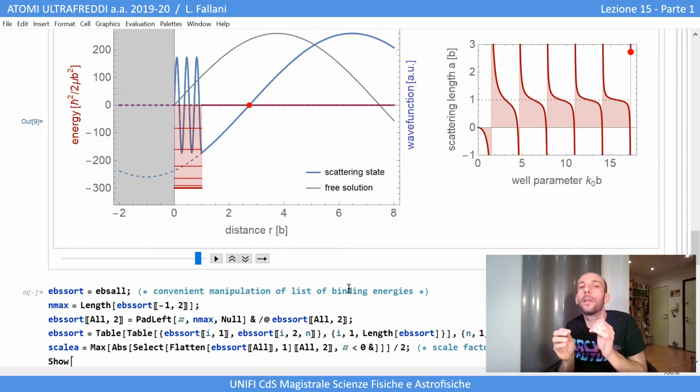That is something that is new, and I think you have not studied in other courses, that has the name of Feshbach resonance. That is a very powerful instrument that we have in cold atoms physics. And the physics of bound states that we are looking at here will become very important. So this is why I'm spending a lot of time on this example.